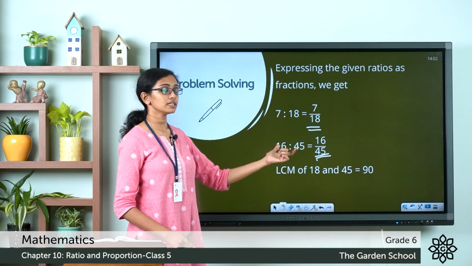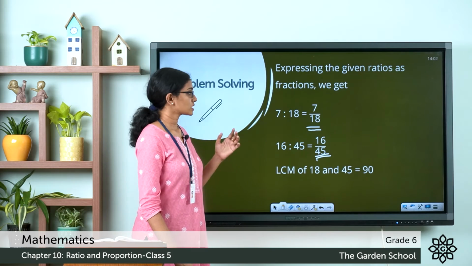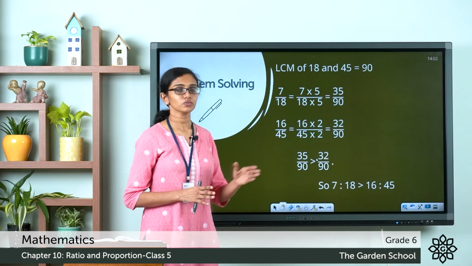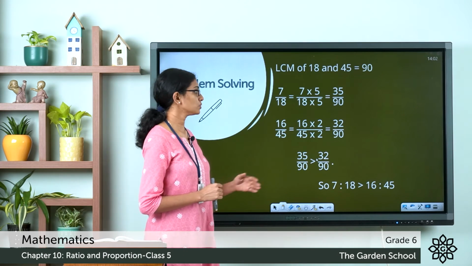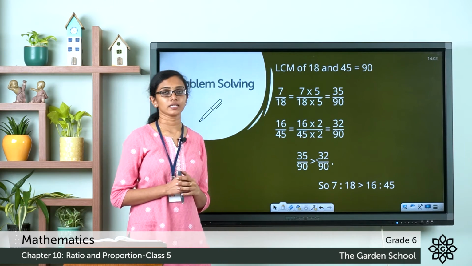Let's write the equivalent fractions. 7/18 will be equal to 35/90 and 16/45 will be equal to 32/90.